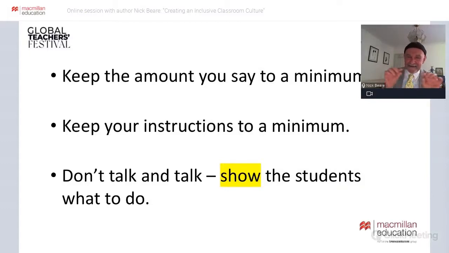It's a tiny amount, because I can speak English and you can speak English too. We don't want you or me to speak English in the class; we want the students to speak it and write it and read it. If you do all the talking in the classroom, the students sit back and may or may not listen, but they're not contributing in any way. So keep your instructions to a minimum.